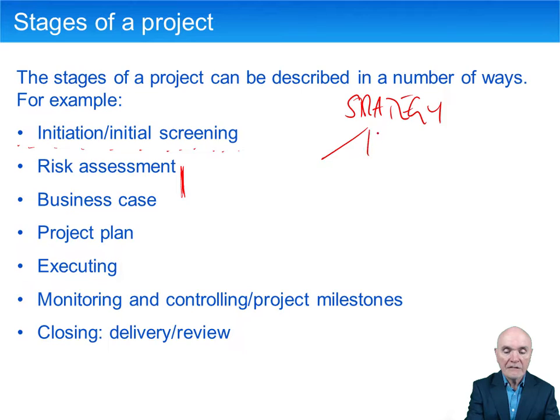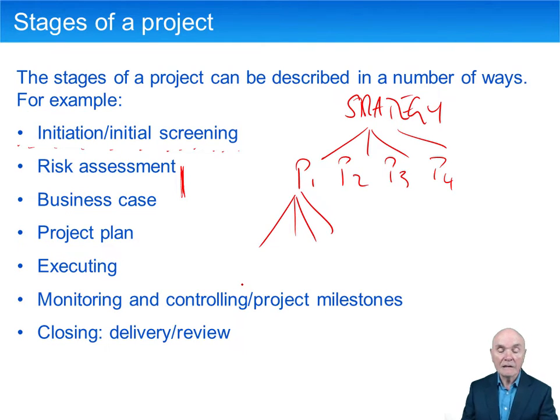And then to achieve that strategy, we may be breaking this down into various projects. And then what we're doing, we're breaking each project down further into little stages, usually called activities.